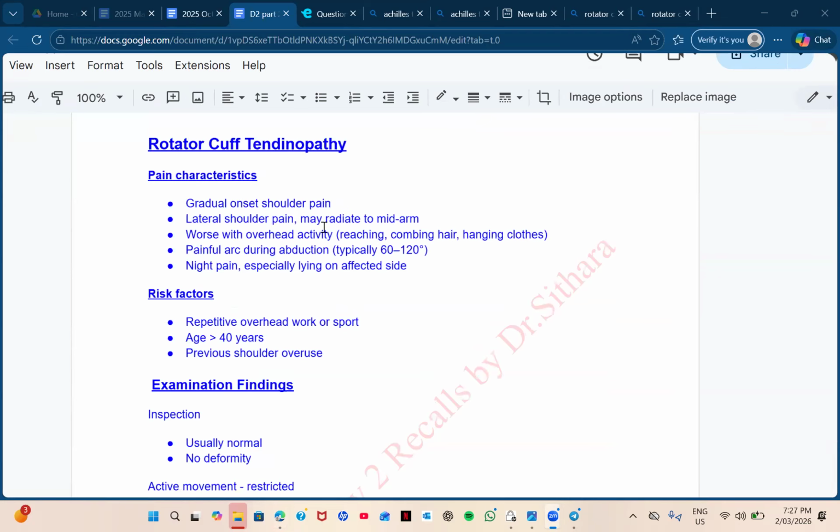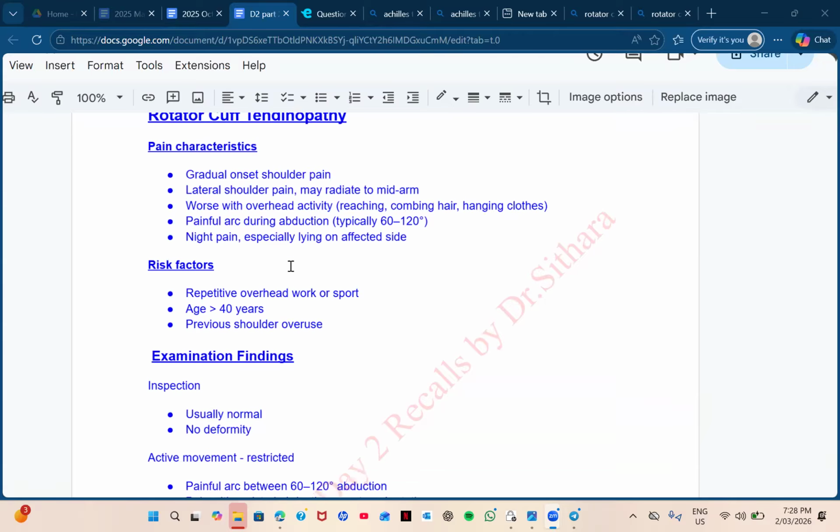Let's discuss how this pain is characterized. Gradual onset shoulder pain, lateral shoulder pain that may radiate to the mid-arm and is worse with overhead activity. In questions, the patient is usually doing repetitive overhead activities in the history, for example reaching, combing hair, hanging clothes.